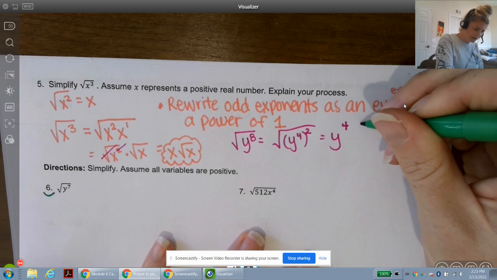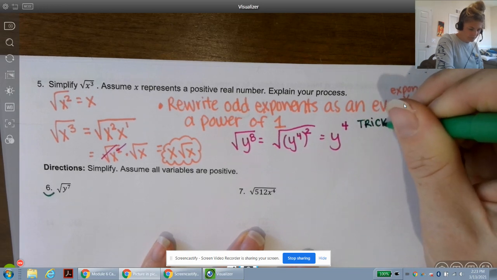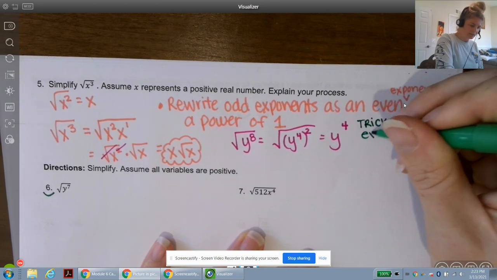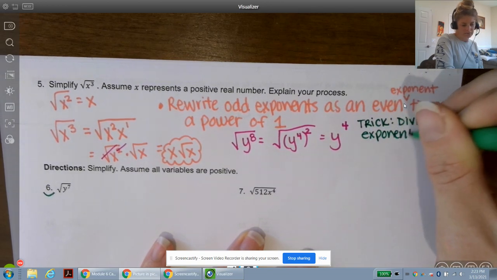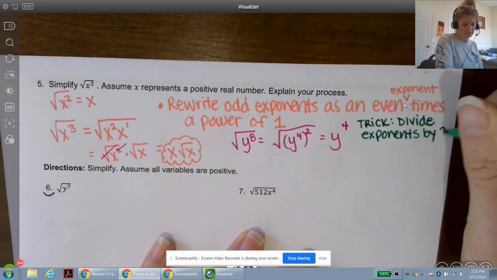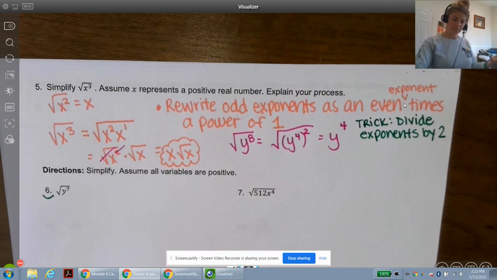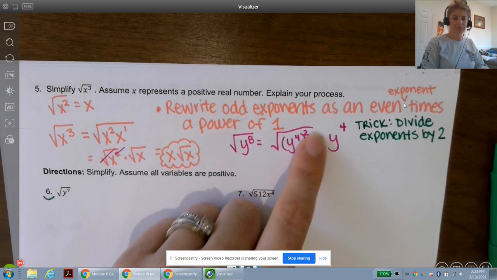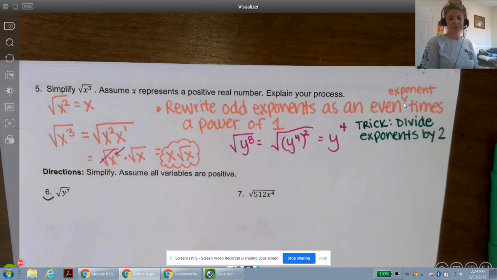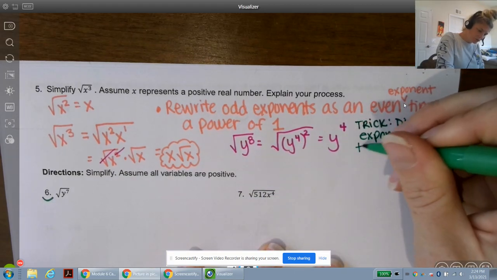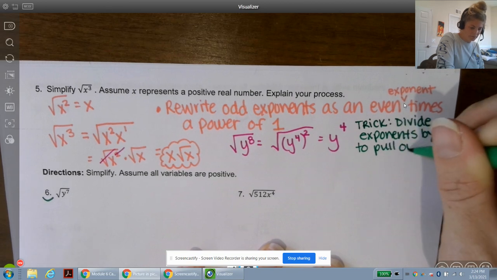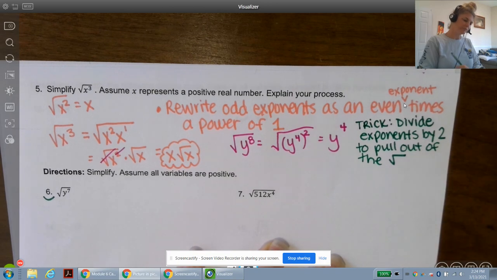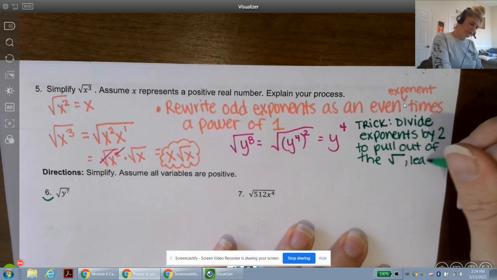Our slick trick is divide exponents by 2, because since we're thinking about squaring, we're taking half. So our slick trick is to divide exponents by 2 to pull out of the radical. Leave remainders inside.